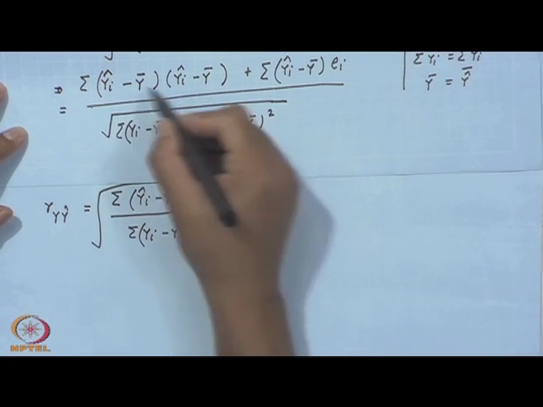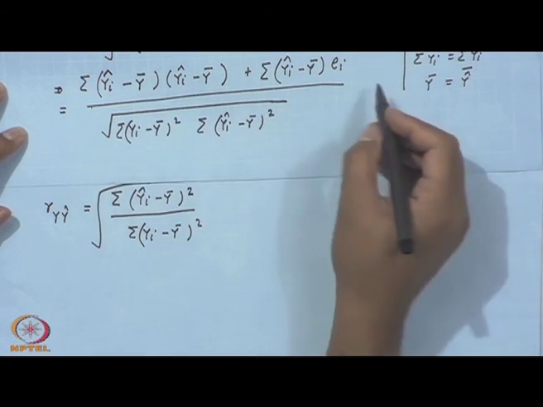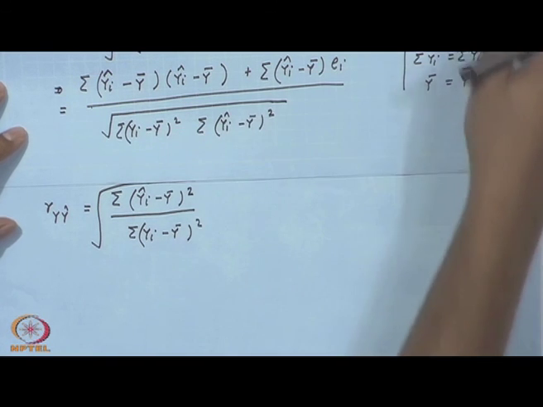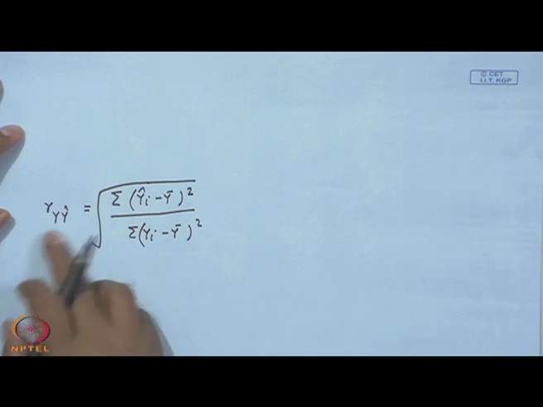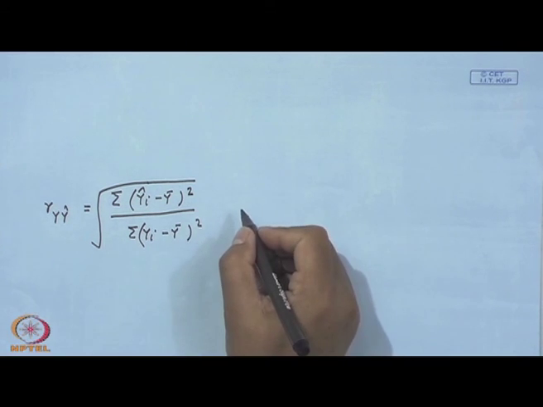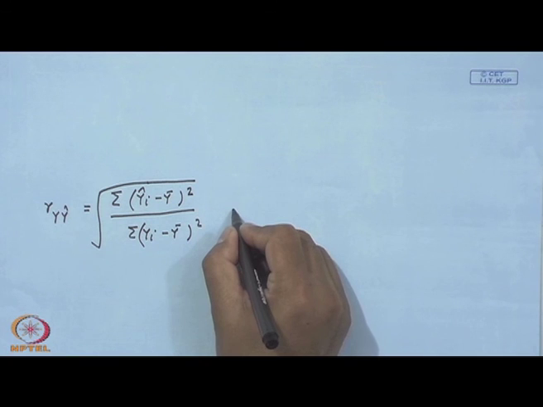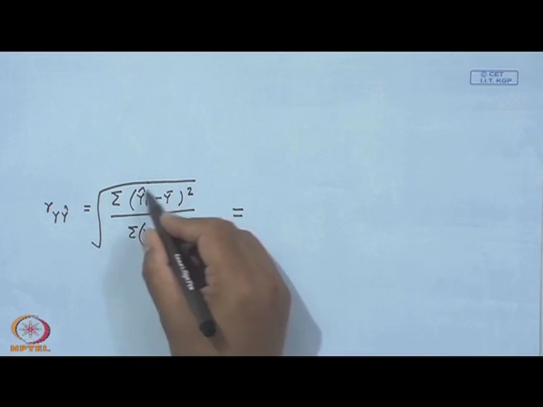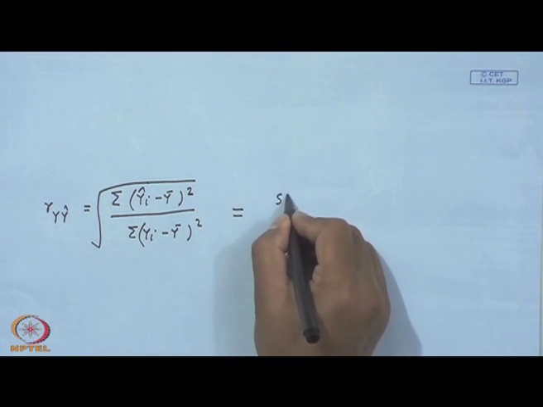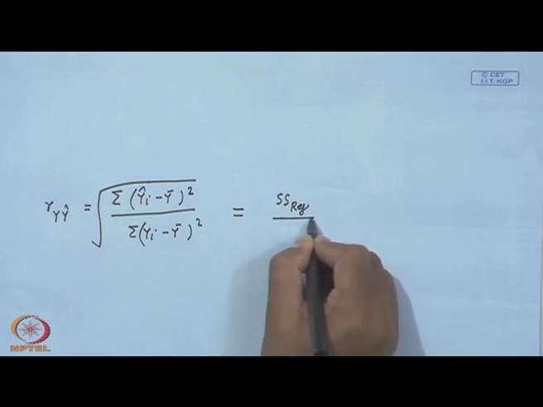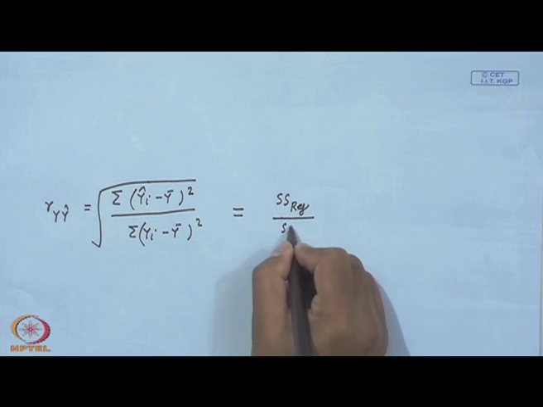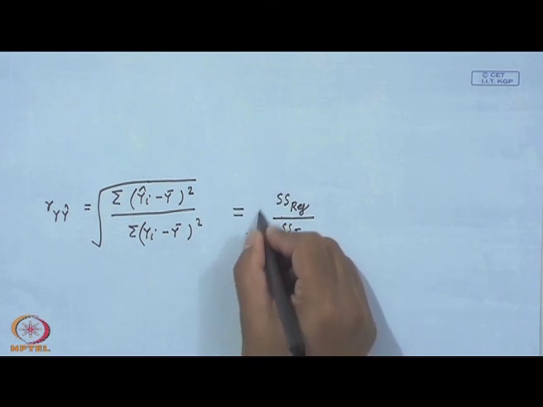Because I am writing the square, and then you can cancel out. So, R y y hat is equal to this one, and the numerator is SS regression and the denominator is SS total.